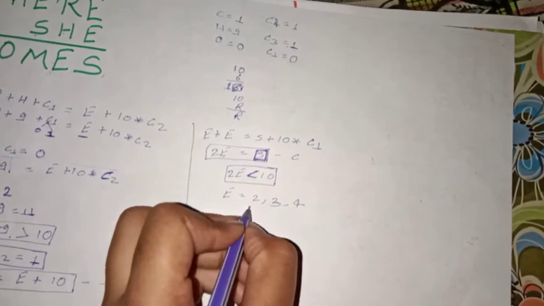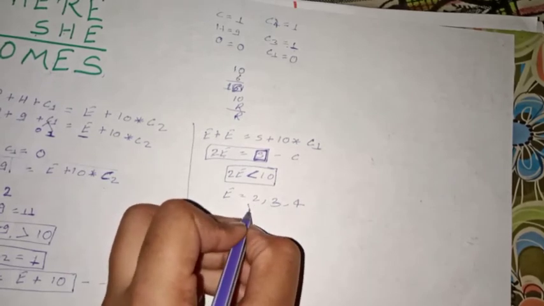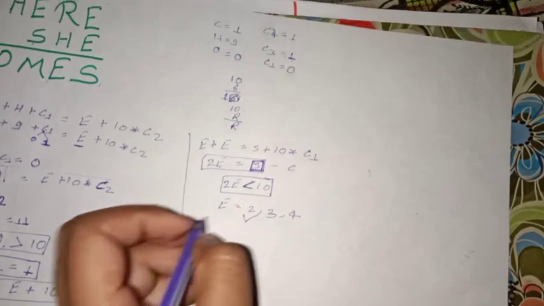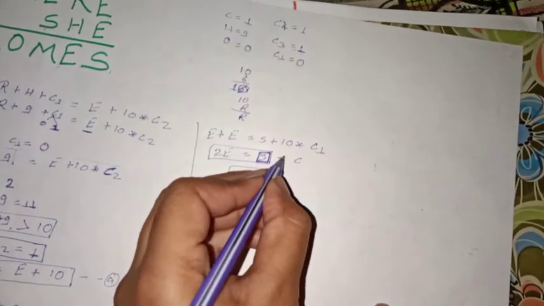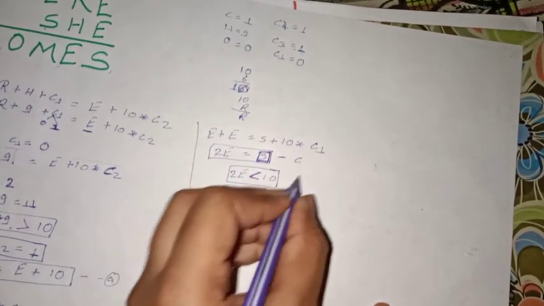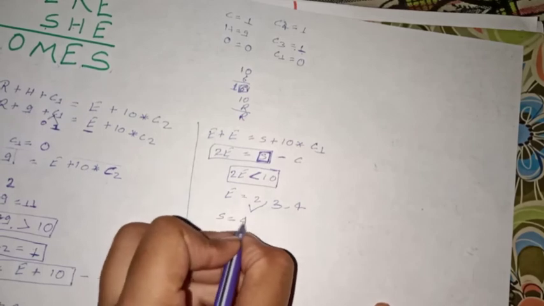Now we check for each possible value. Firstly we take E equal to 2. Then from equation C we got S is equal to 4.